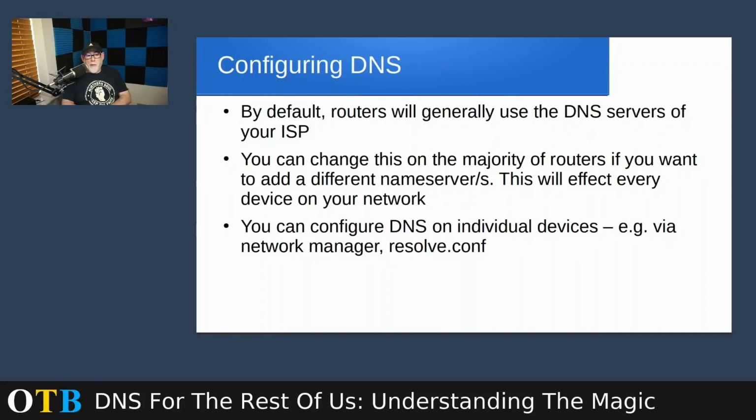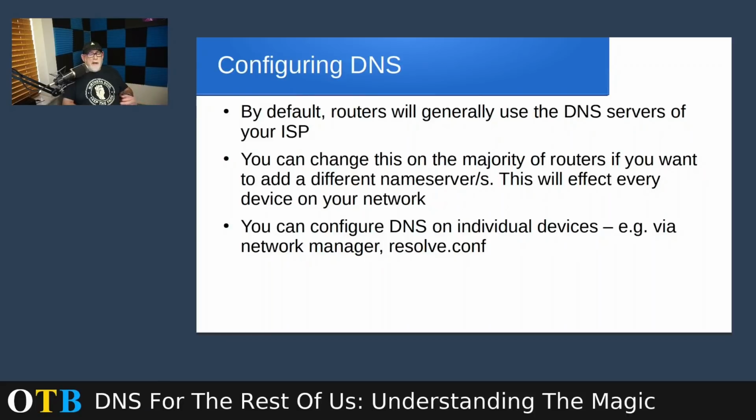And there's lots of them out there. There's OpenDNS, which just comes to mind immediately. There's Cloudflare, there's Google, and any number of other free public DNSs. So you can change that. And if you change it in your router, it will affect every device that is on your network.